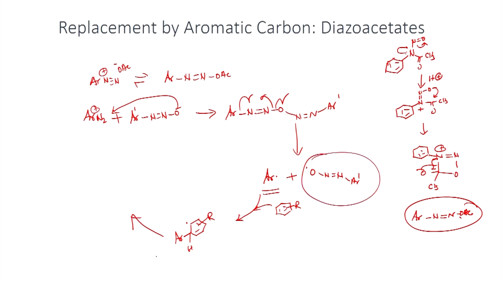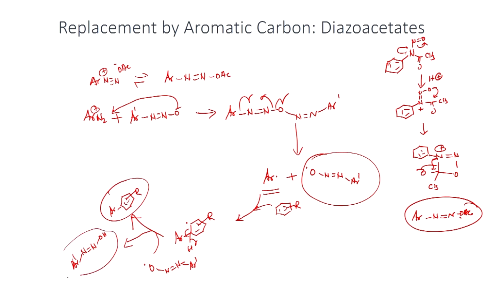When you add this radical, this can take this hydrogen, and you will be able to get the biaryl product.